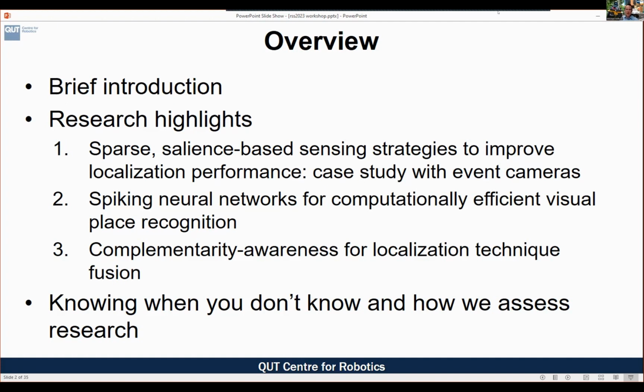I'm not going to go into deep technical detail, but happy to discuss those in more detail. And then I want to finish with a little bit of a rant about how we conduct research in this area, which I think is pertinent to the topic of rethinking how the robotics community is considering all of these different techniques and how we are conducting and rewarding research in the field.